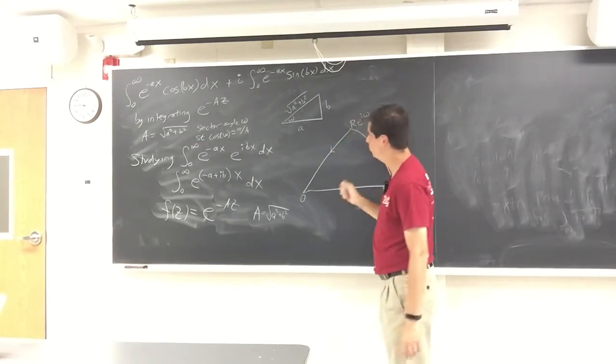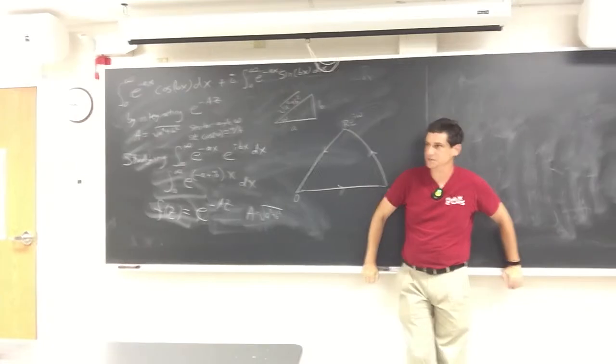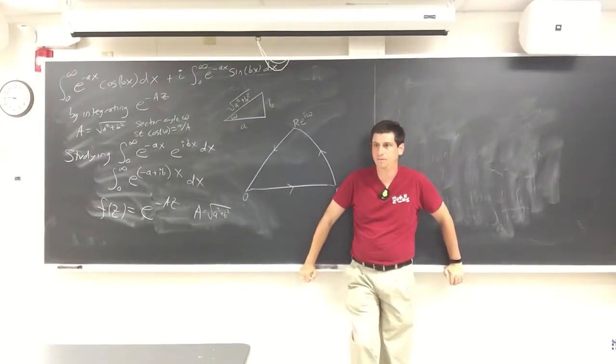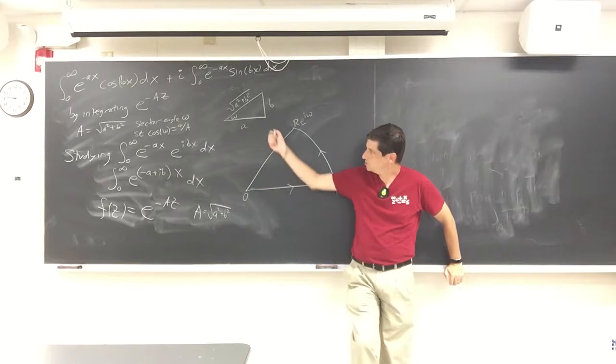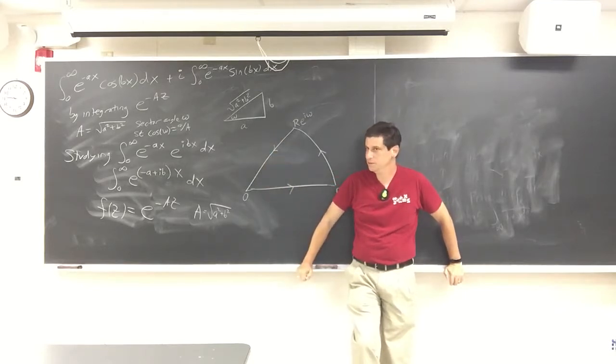Do we have any poles for our function, e to the minus Az? No. So the real question is going to be, how is this going to all relate to the integral we need to do? And is it going to be small in certain places? Where do we hope that this is small if we've chosen the right contour?